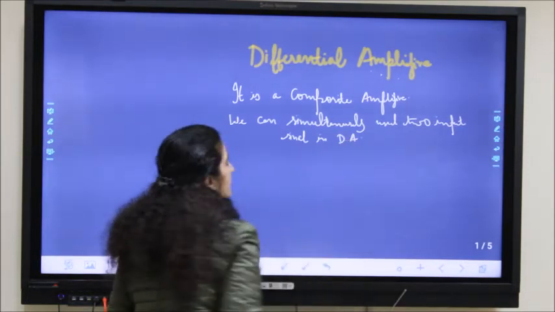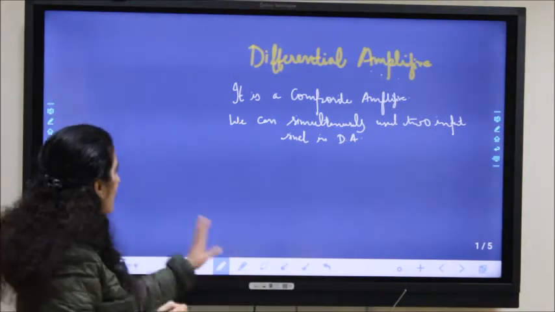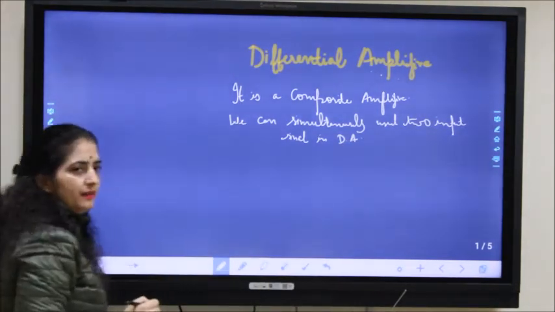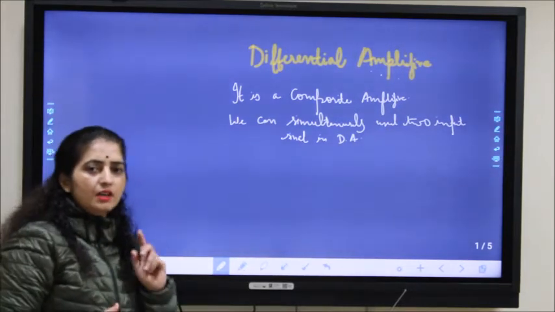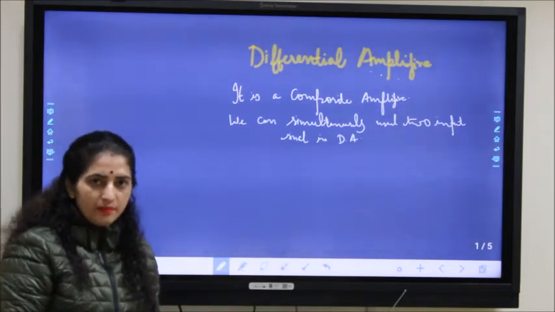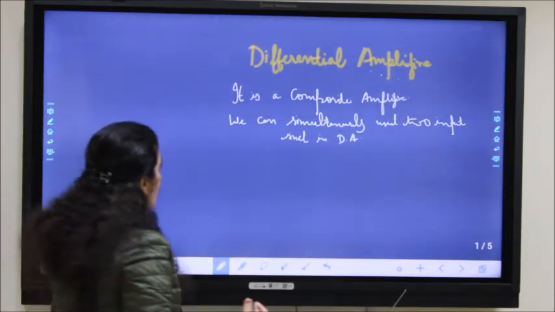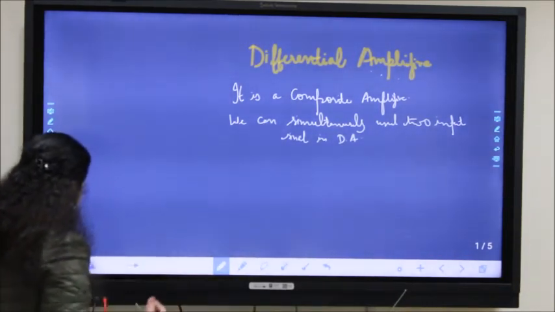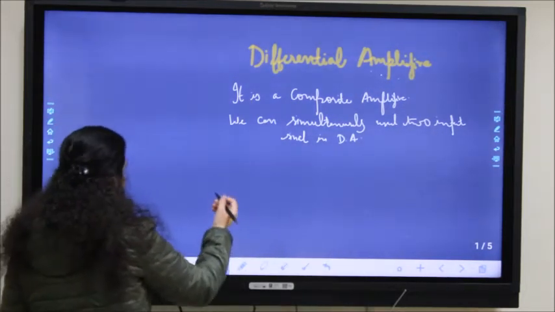DA is the short form of differential amplifier. Is it clear? Means we can use two input signals simultaneously in a differential amplifier. The difference of these two is what it is called differential amplifier.